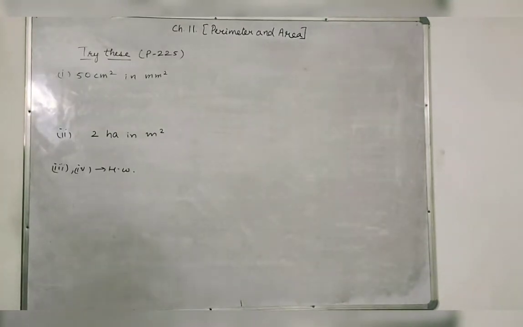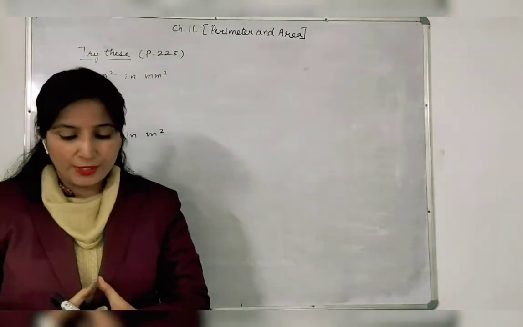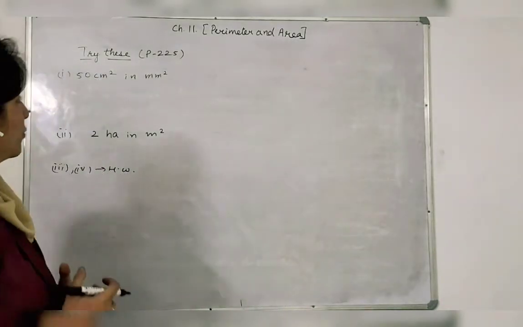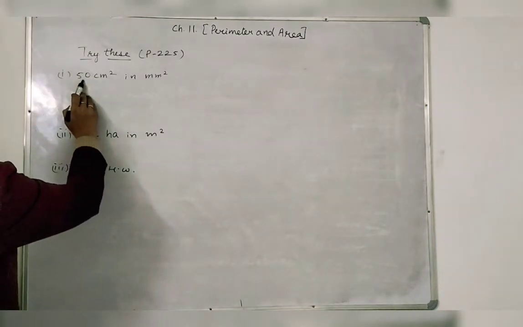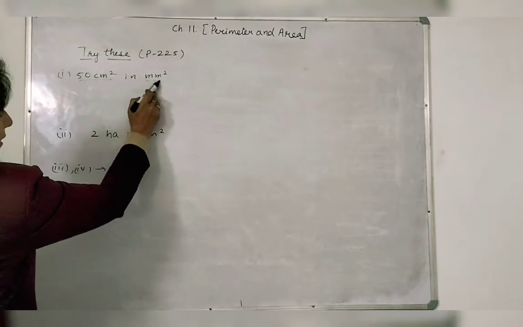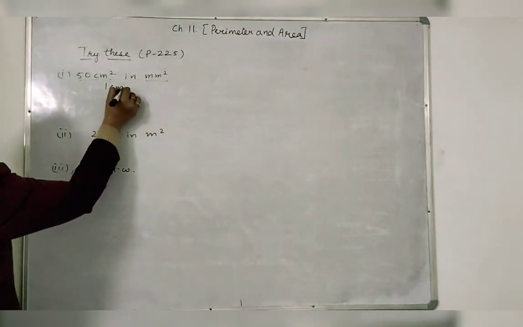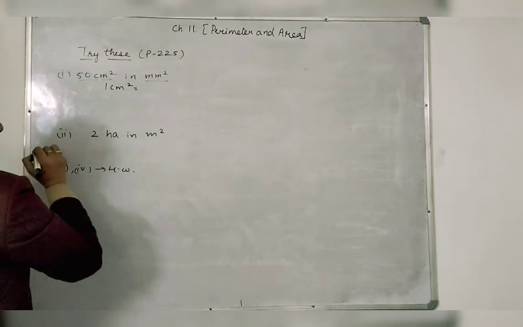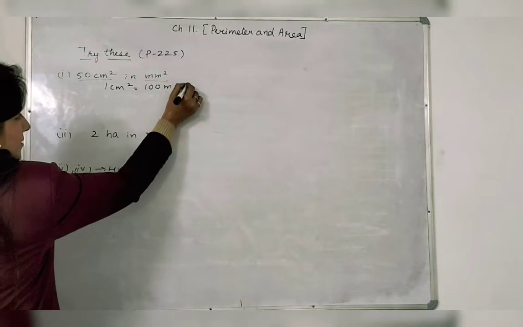Now students, let us try some questions based on the conversion of units, on page number 225 of your book. The first try is to convert 50 centimeter square into millimeter square. As we have discussed, 1 centimeter square equals how many millimeter squares? 100 millimeter squares.